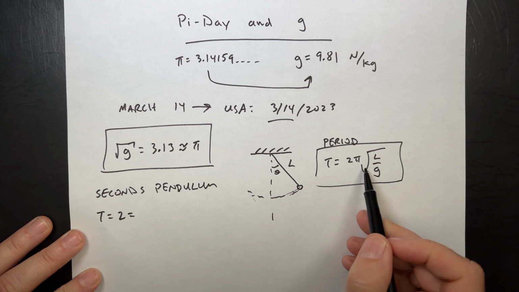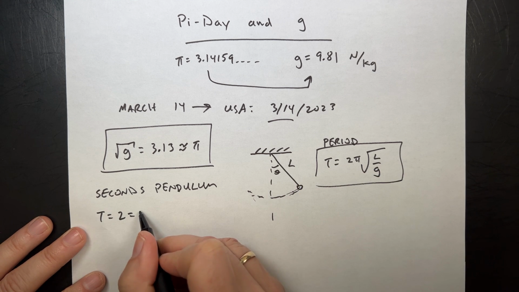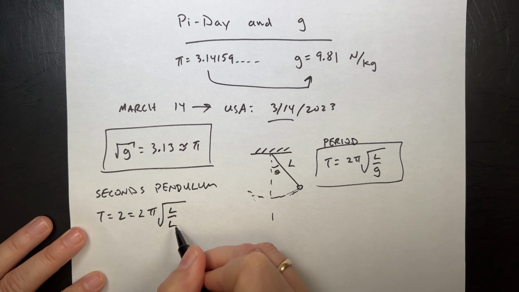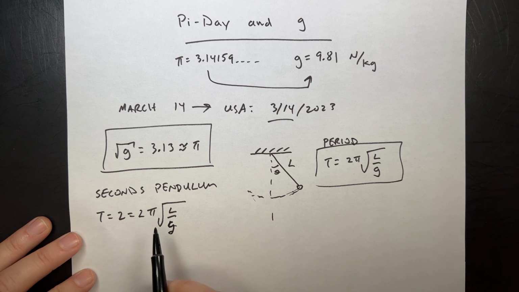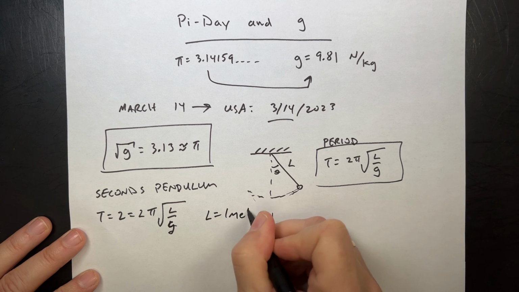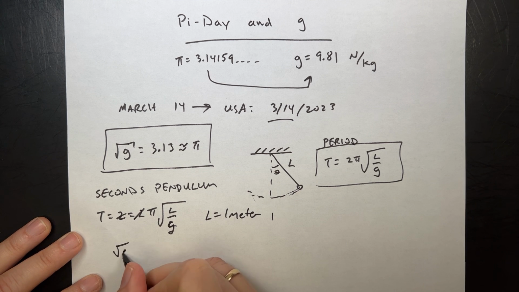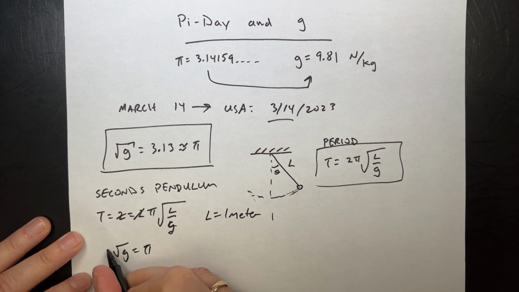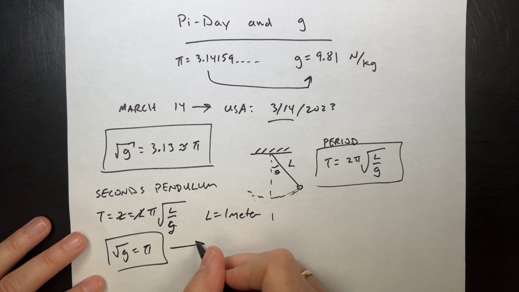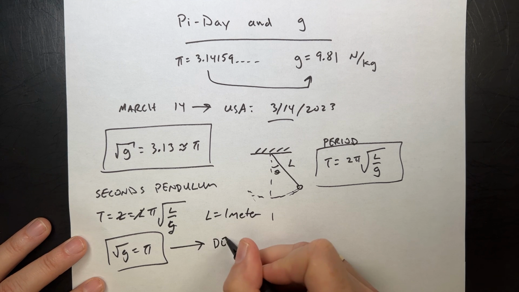And if I put T as 2 seconds, then I get 2 times pi times the square root of L over G. And if I put L equals 1 meter, then that cancels, and I get the square root of G equals pi. And so that's where it comes from. It comes from one of the definitions of a meter. So this is how you could define a meter.